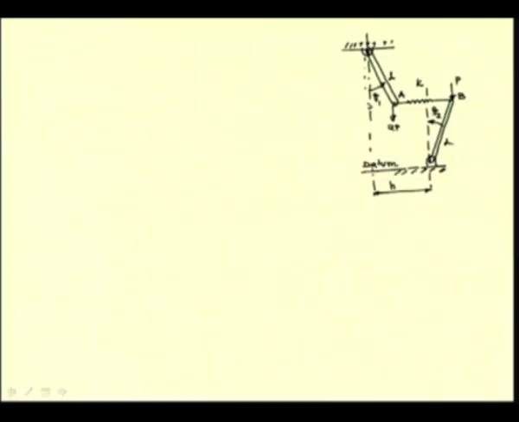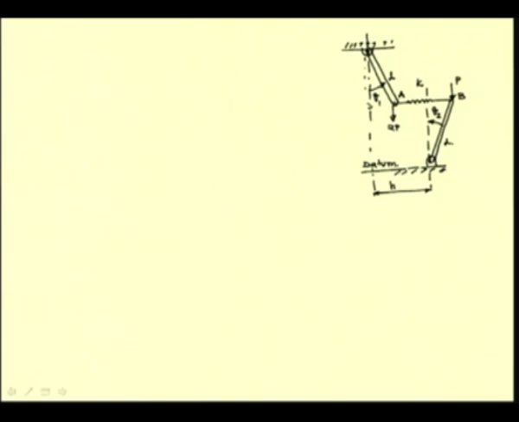which have to be individually specified to specify the configuration of the system completely. So, this is a 2 degree of freedom system with theta 1 and theta 2 as the coordinates that have to be specified. So, the potential energy of this system, if we neglect the mass and only consider the elastic potential energy, then the stretch of this spring for any position is governed by the motion of theta 1 as well as theta 2.